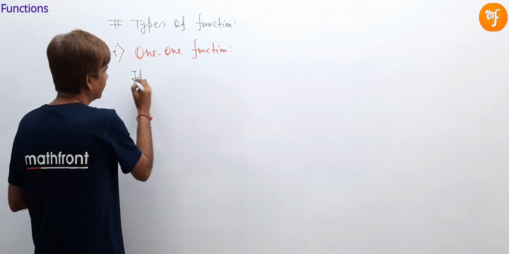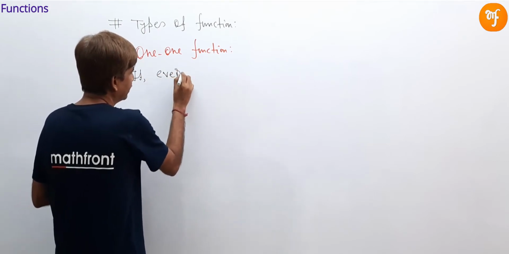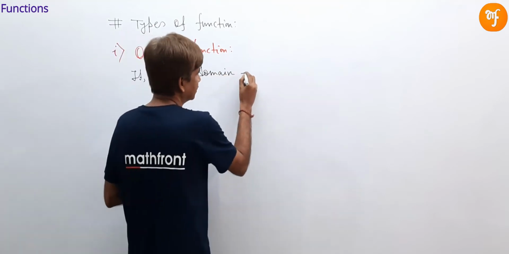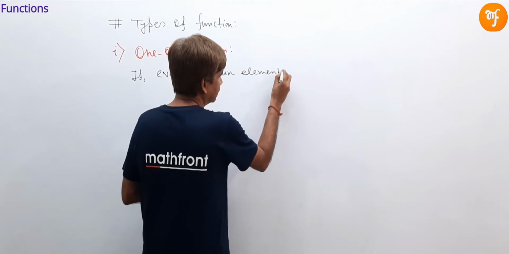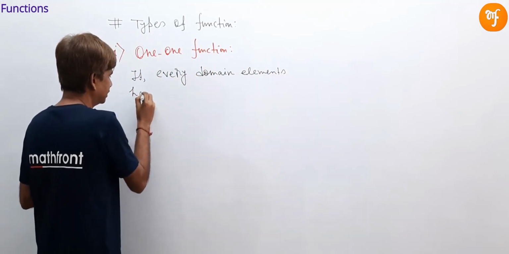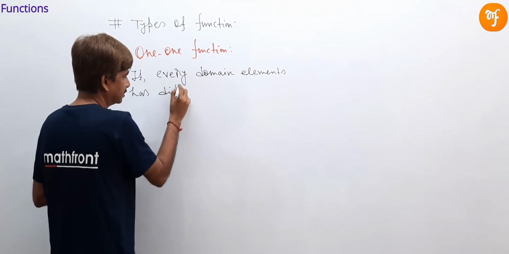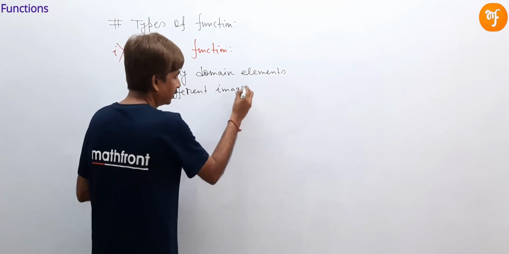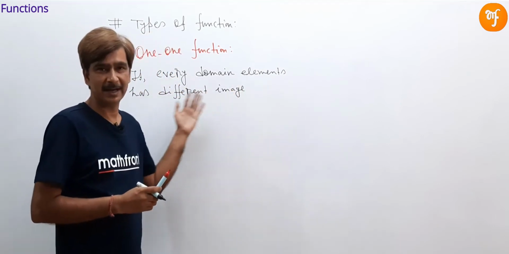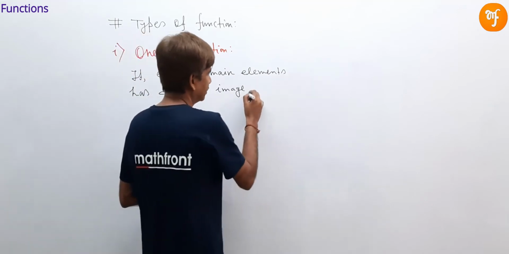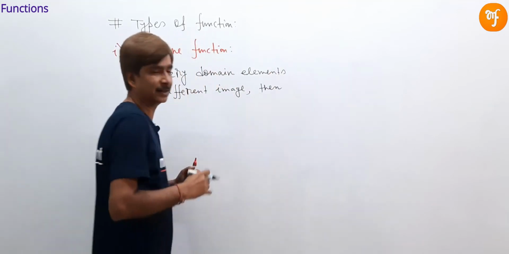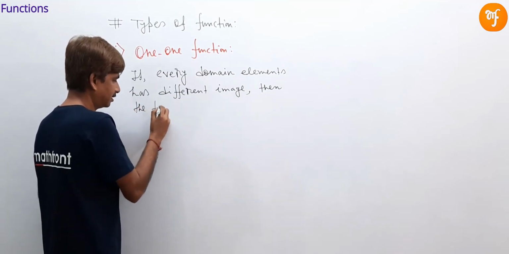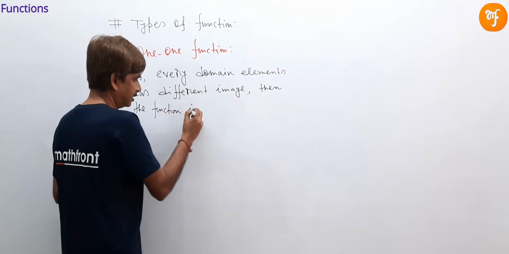If every domain element has different images, then the function is known as one-one function.